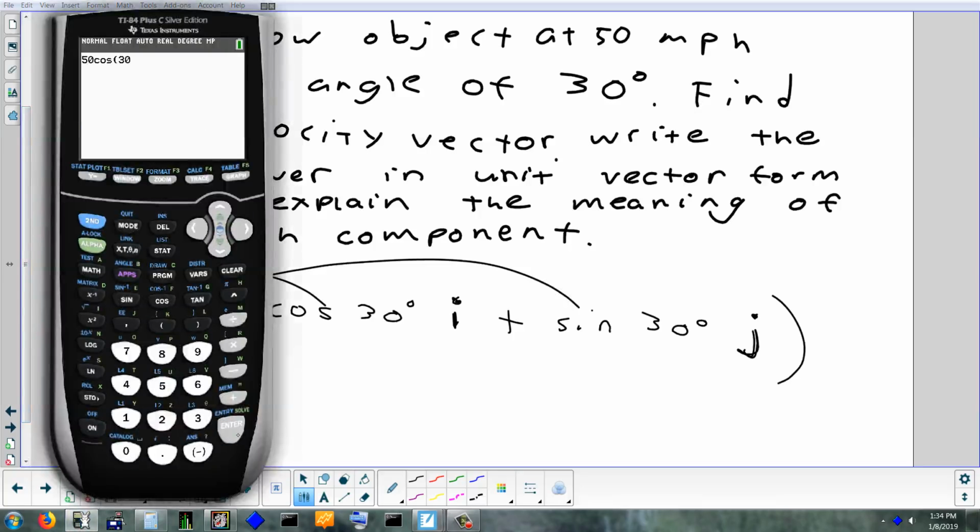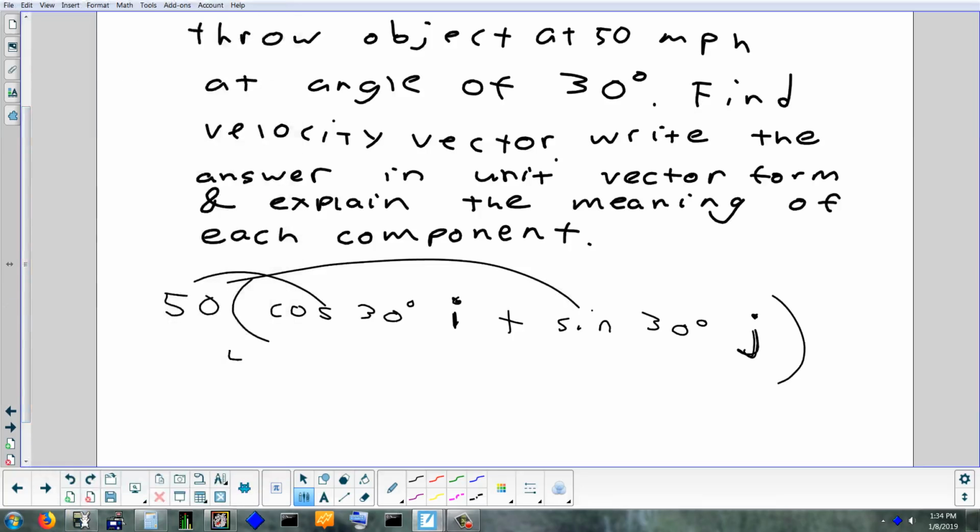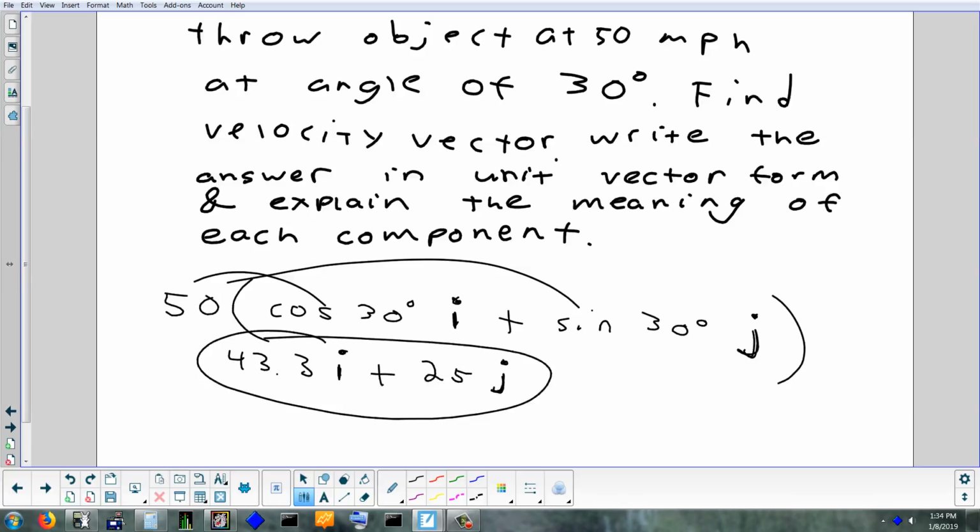So I get 43.3 i, plus, if you just trust me, it's going to be 25 j. Just type in sine 30 and multiply by 50. Or don't trust me and try it yourself. All right, so there's your velocity vector.